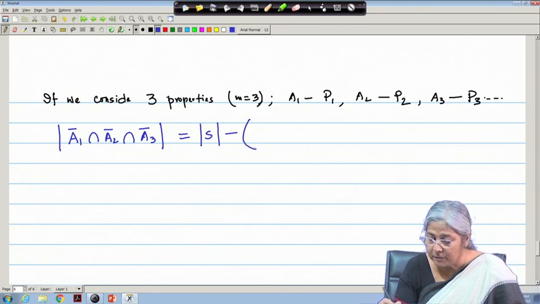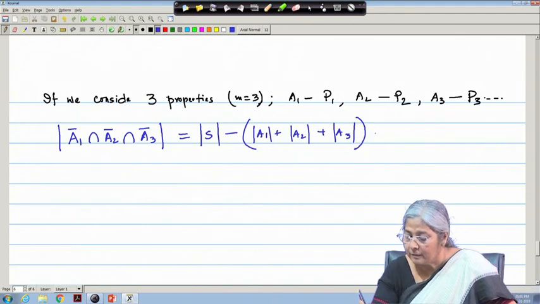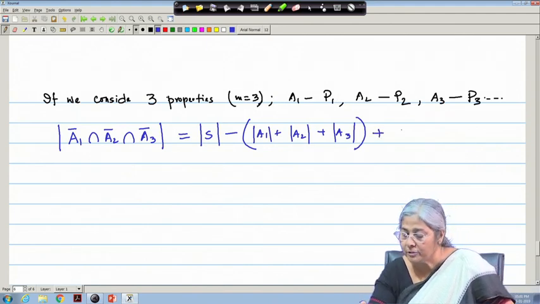So, this becomes A1 plus A2, one combination. So, this is one combination of all, A3. Then I should take all two combinations.